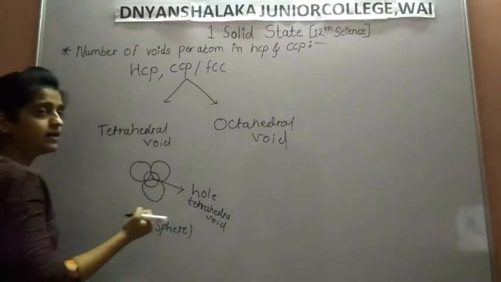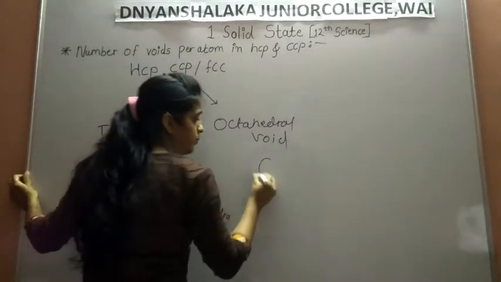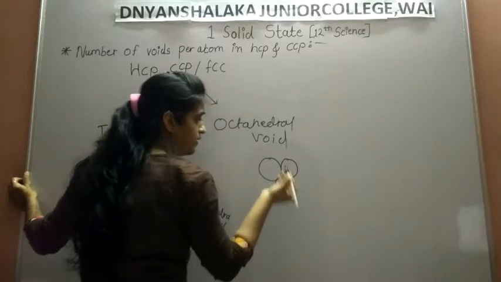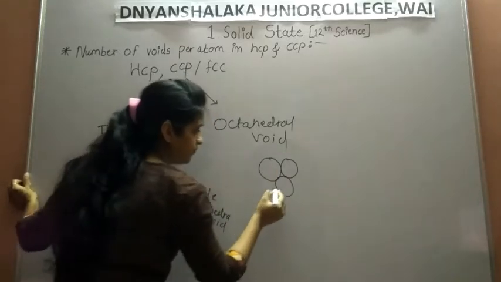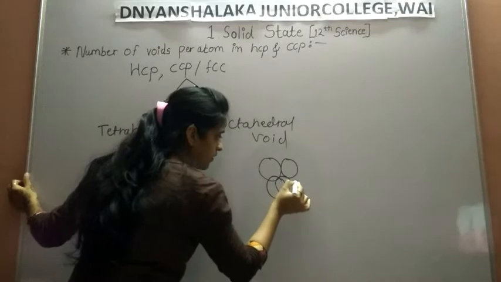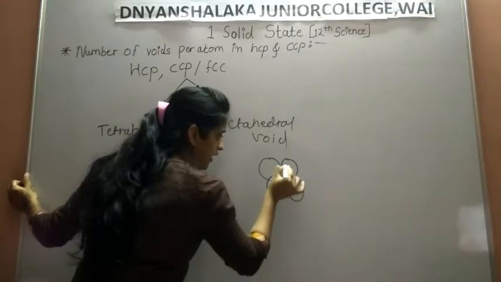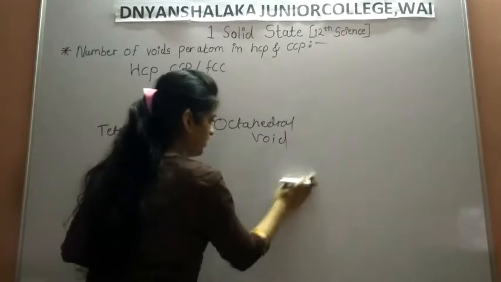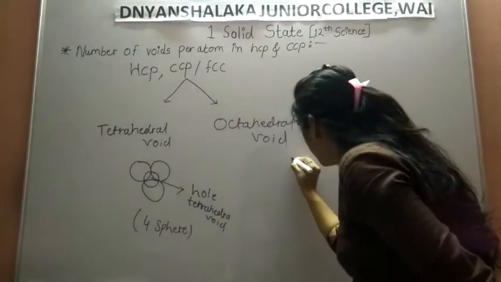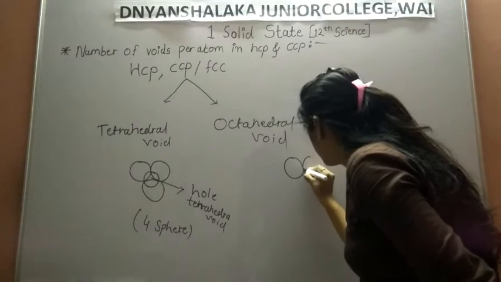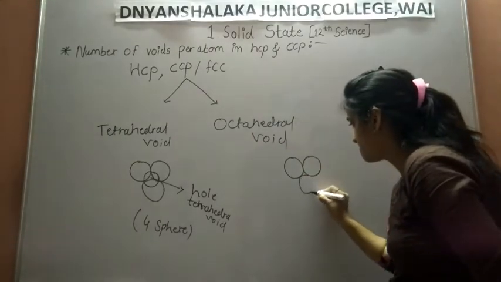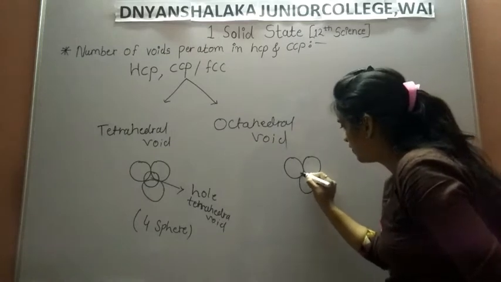Octahedral void means in the upper part three spheres are attached to each other, and in the lower part three spheres are closely attached to each other.